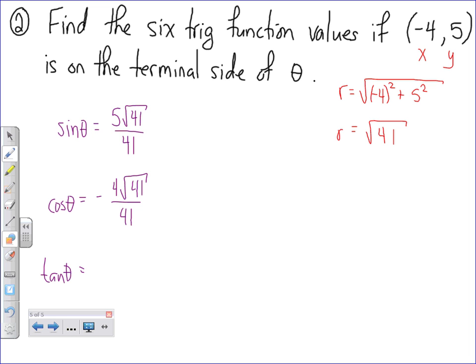Tangent is the y divided by x, negative 5 over 4. And of course then you could flip over all the ratios and you could find cosecant, secant, cotangent. But they will, of course, be the same values they were on the previous slide, the previous problem.